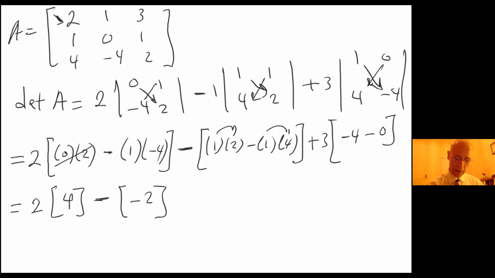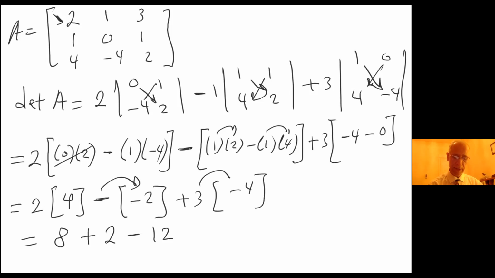And then I have plus 3 times -4 minus 0 is just -4. So this gives me 8 plus 2 minus 12. So this gave me a +2. This gave me a -12. So that gives me 8 and 2 is 10, minus 12 is -2.